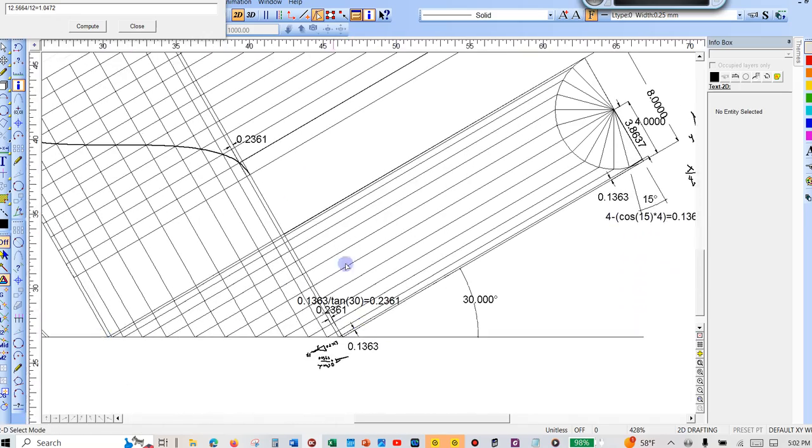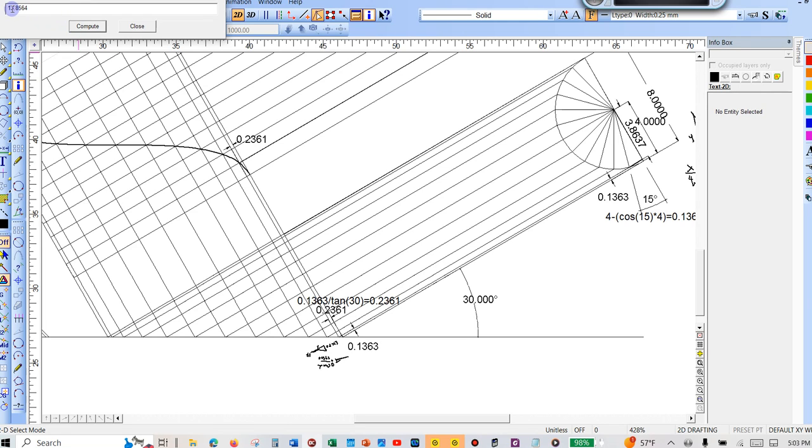And then you could check this 8. We know this is 8, so let's go like this: 8 divided by tangent of 30. And that should be compute.